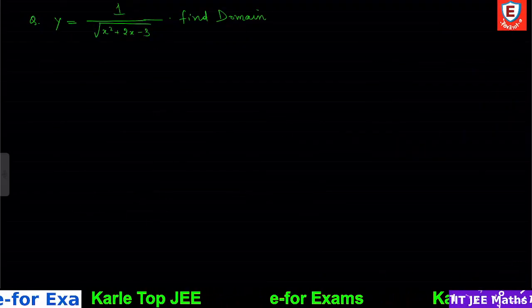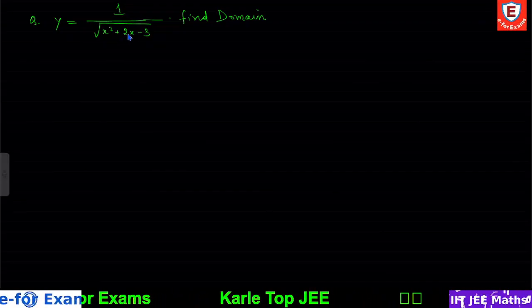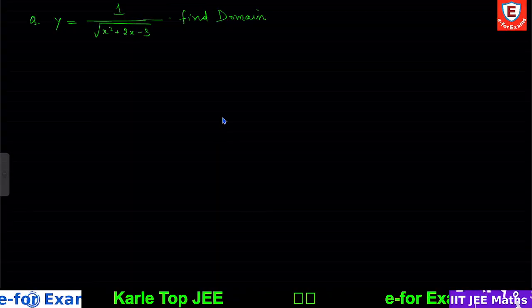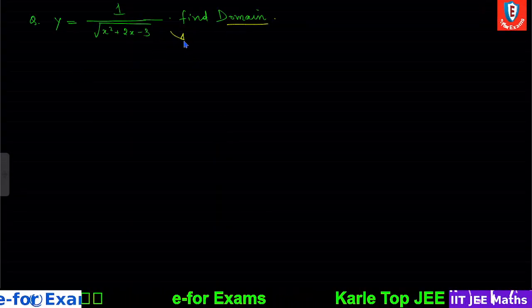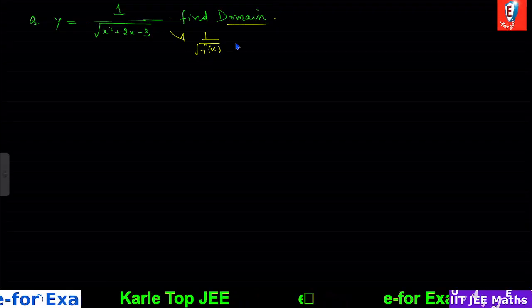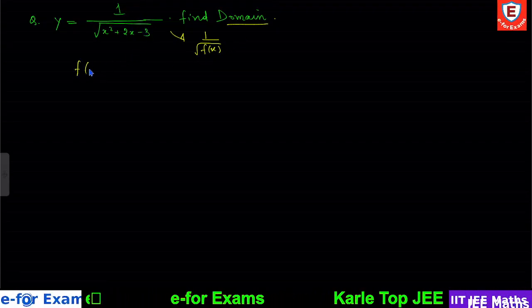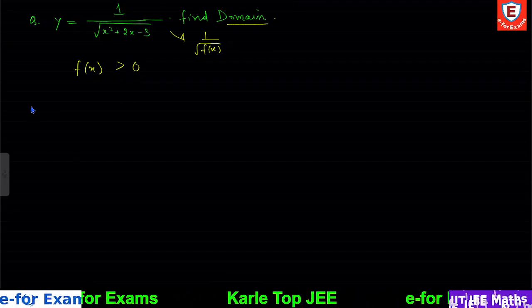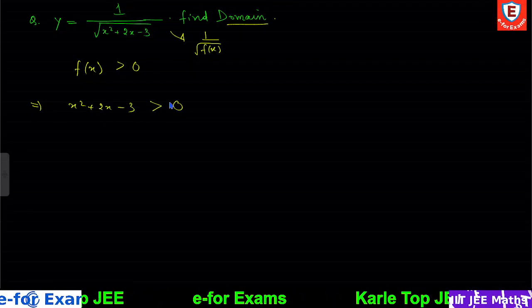Next, the given question is y equal to 1 over root over (x square plus 2x minus 3). Find the domain. The given equation is of the form 1 by root over f of x, so f of x should be greater than 0. This implies x square plus 2x minus 3 should be strictly greater than 0.